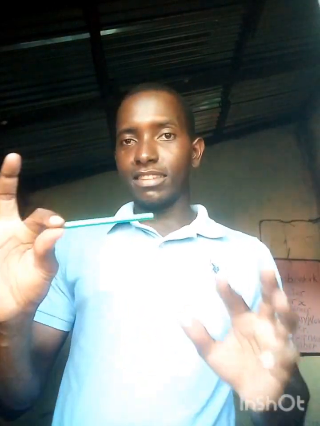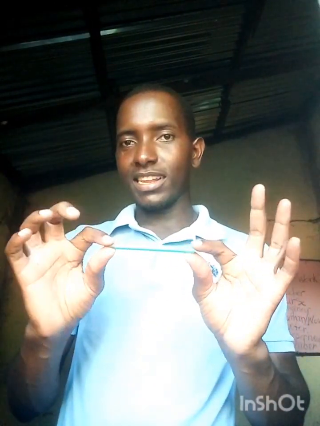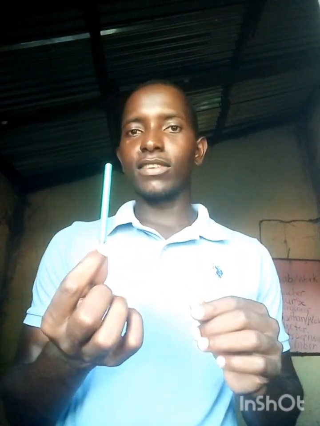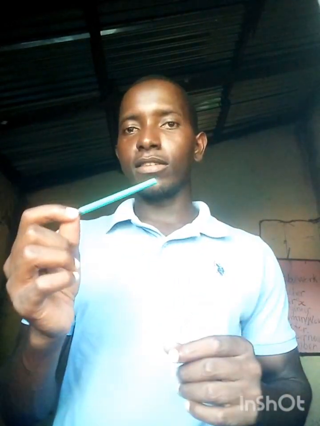And we have another one, the most special one that we use to write with, a pencil. This is a pencil. If we write with a pencil, we can erase with the rubber. You write with the pencil, you erase with the rubber.